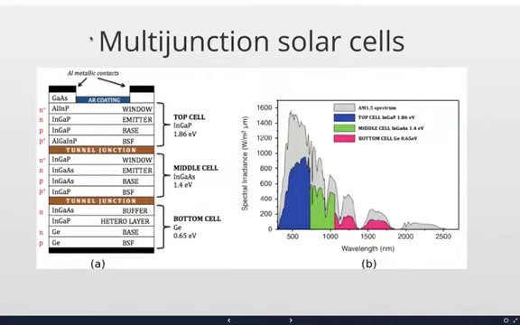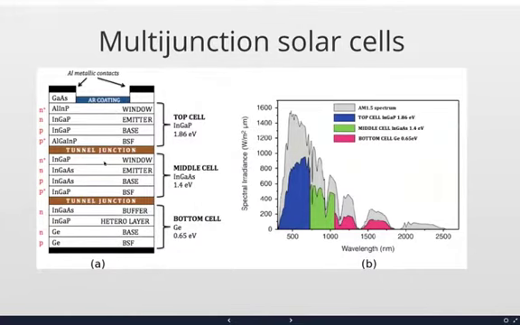When light comes in, all the high energy photons get absorbed in the top cell. The photons that do not have enough energy pass straight through into the next cell, and the next higher energy photons get absorbed there. Even lower energy photons pass straight through, and the lowest energy photons get absorbed in the bottom cell.